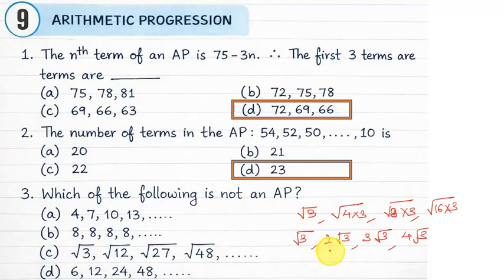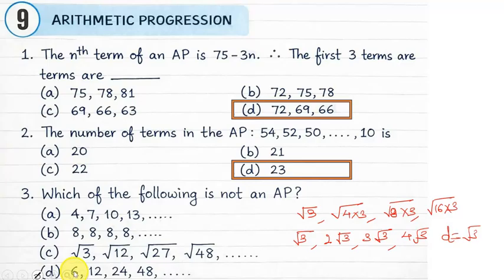Now here the difference, 2 root 3 minus root 3, you will get root 3. 3 root 3 minus 2 root 3, you will get root 3. 4 root 3 minus 3 root 3, you will get root 3. That is the common difference, d is equal to root 3 here. All these are AP.